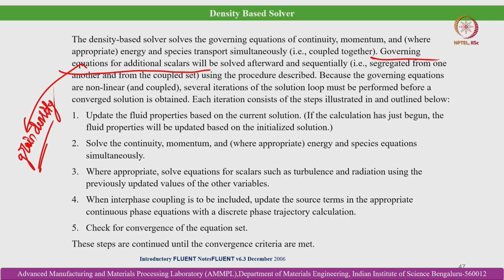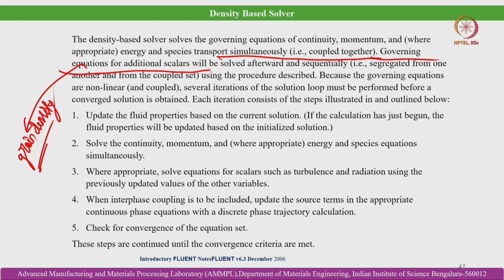But the intrinsic benefit of the density based solver is that it facilitates solution of all the governing equations, that is conservation of mass, momentum, energy, and continuity equations, simultaneously together. Whereas in the pressure based solver, they are mostly solved in a segregated or decoupled, sequential manner. We will come to the pressure based solver later. Let us focus on the density based solver now.